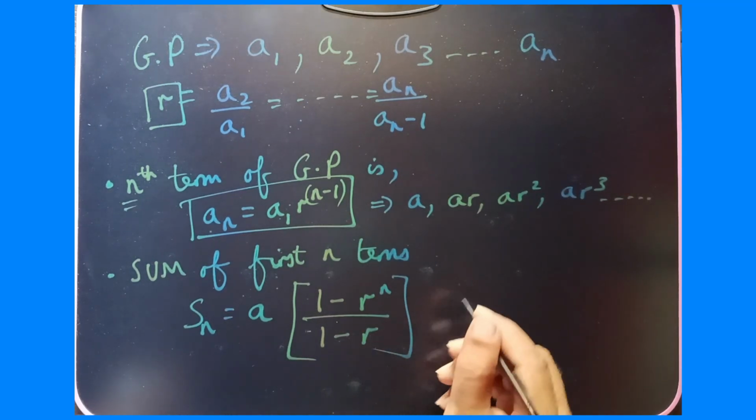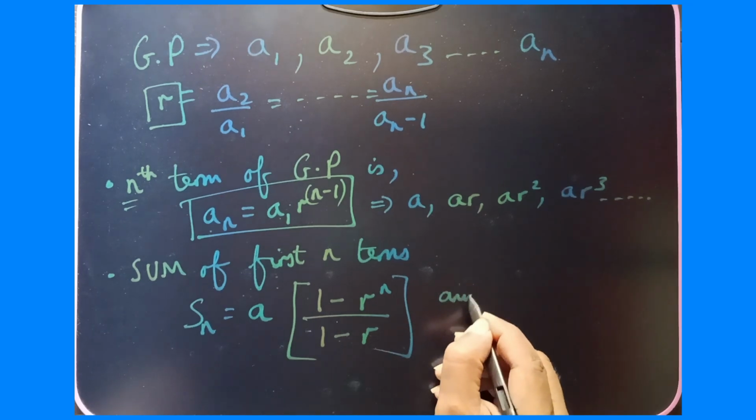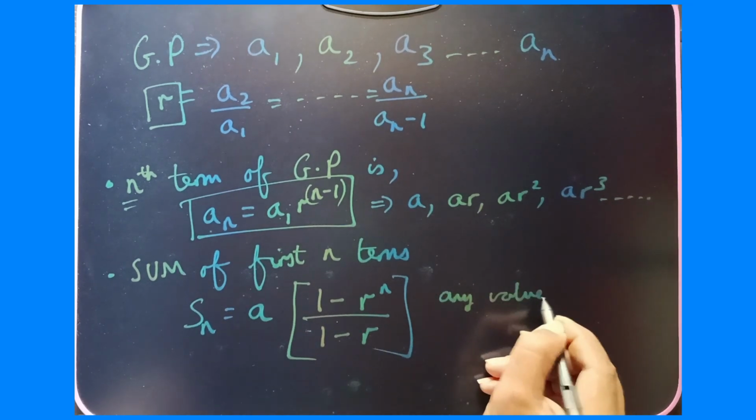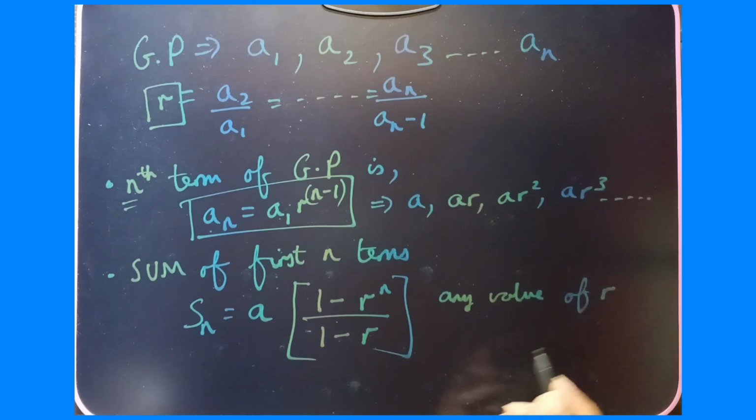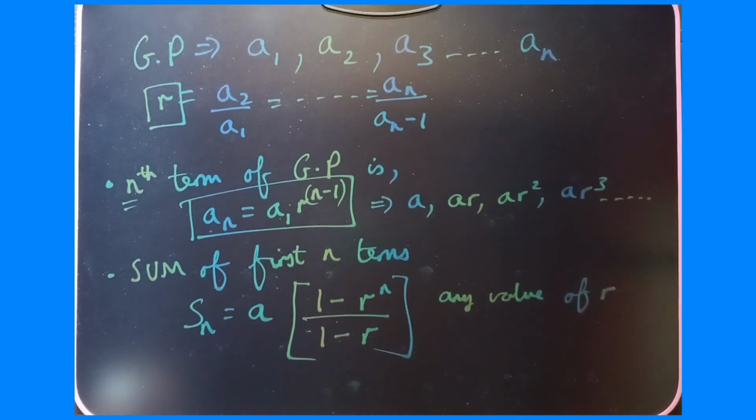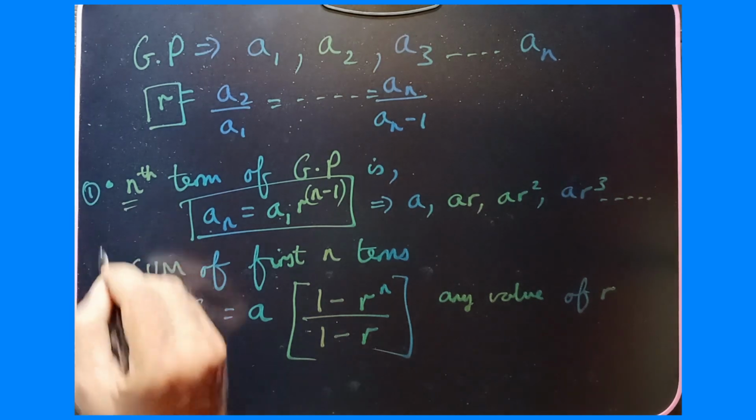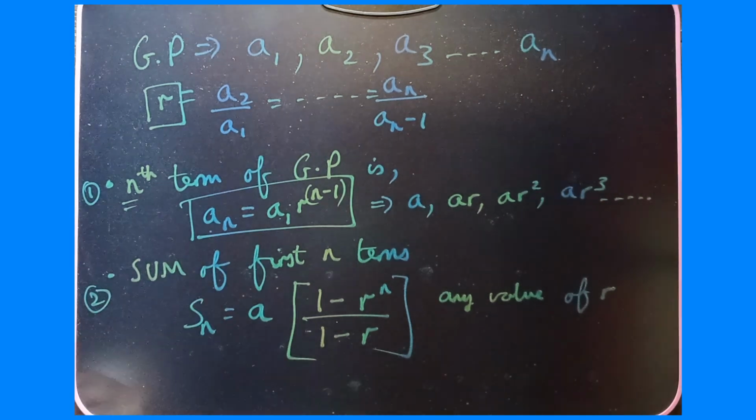This is for any value of r. Now let us take specific cases. If you have noted these down, these are the two formulas: one for the nth term and one for the sum of the first n terms.